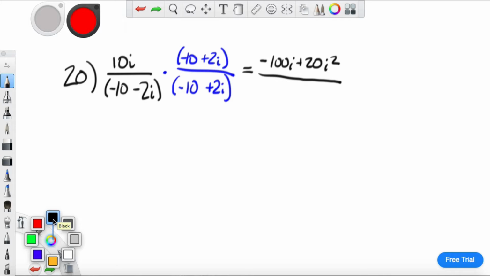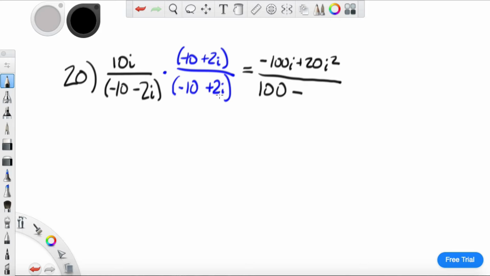We're going to go ahead and use that a minus b times a plus b equals a squared minus b squared. Silly me. So a is -10. a squared is going to be 100. 100 minus, and then 2i squared, I've got to square the 2 as well as the i, is going to be 4i squared, right? Ooh, I've got i squares on the top and the bottom.